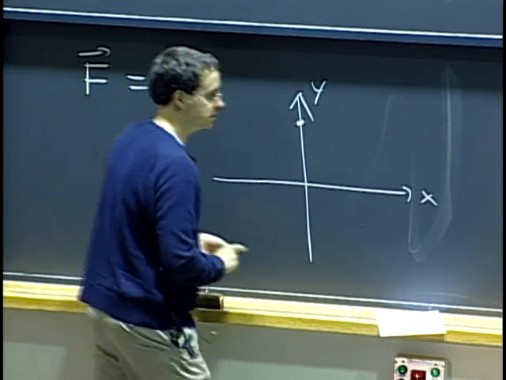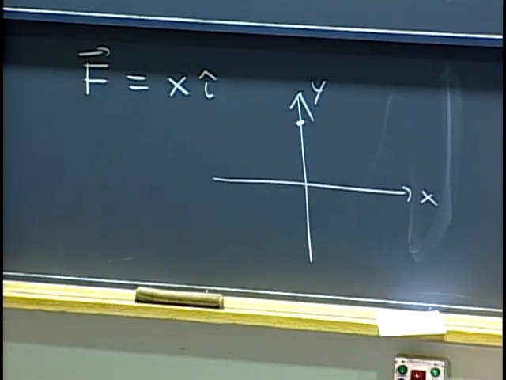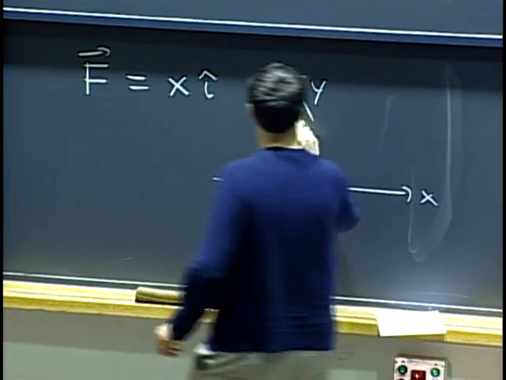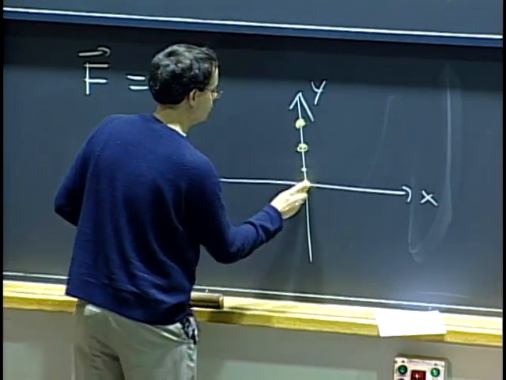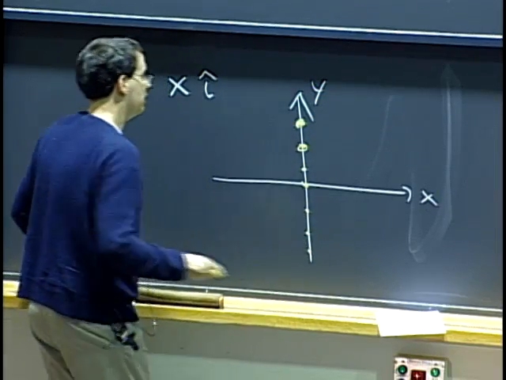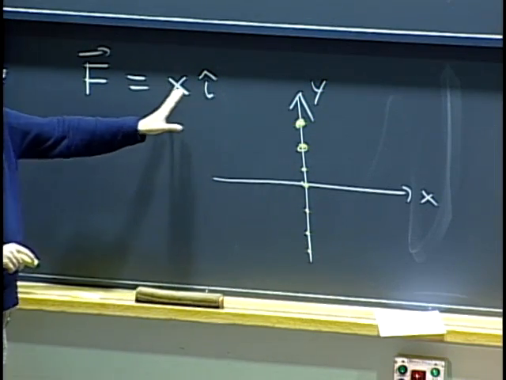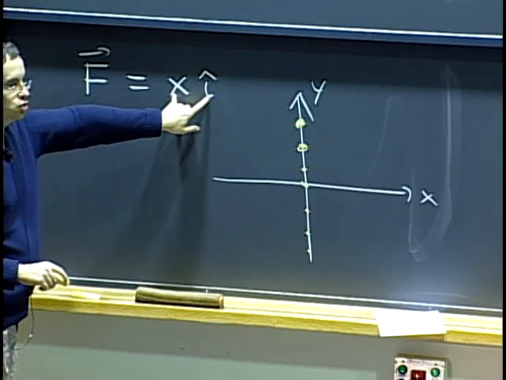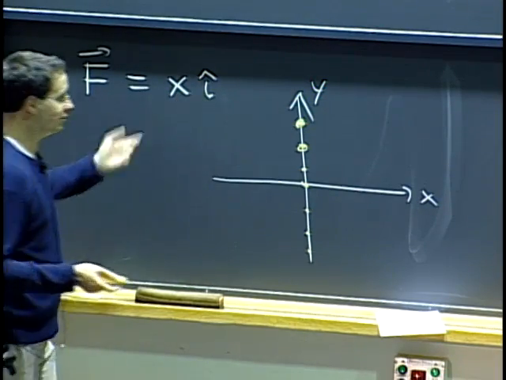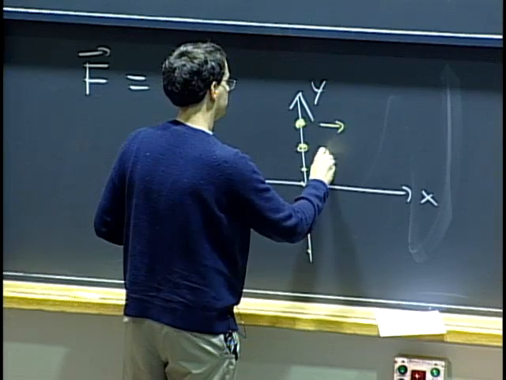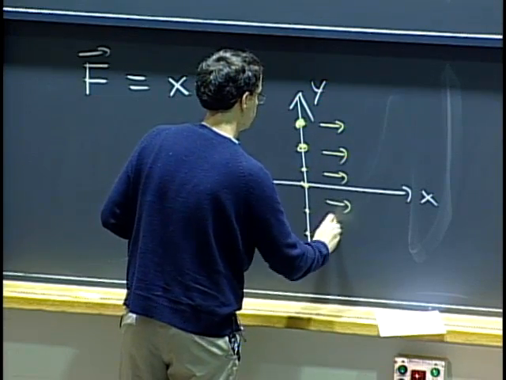On the y-axis, maybe I should take a different color. If I'm on the y-axis, I actually have the 0 vector. Now, if x becomes positive small, then I will have a small positive multiple of i, so I will be going a little bit to the right.